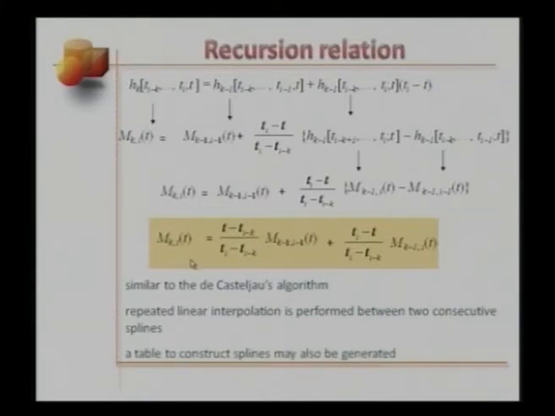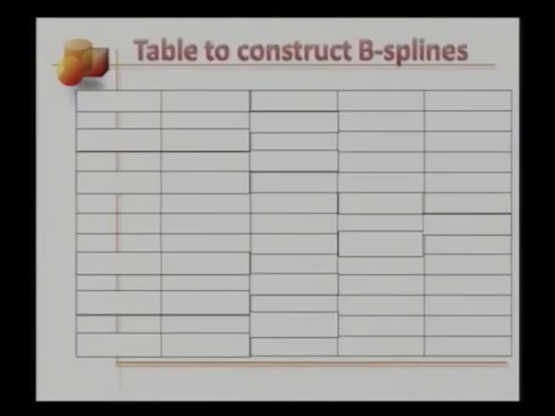But because of this similarity, a table-like construction of B-spline basis functions is very much feasible. Let's look at that. So in the first column, we have the knot spans. The first knot span, t_{i-k} to t_{i-k+1}.